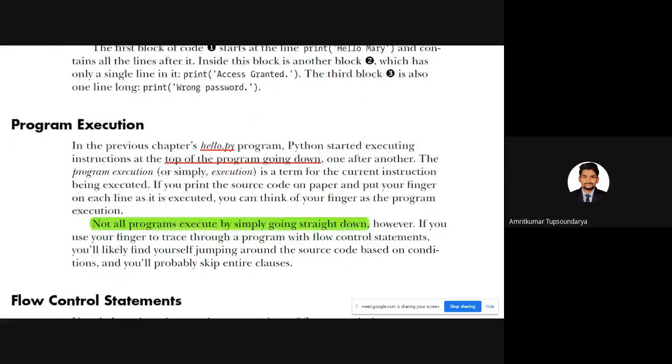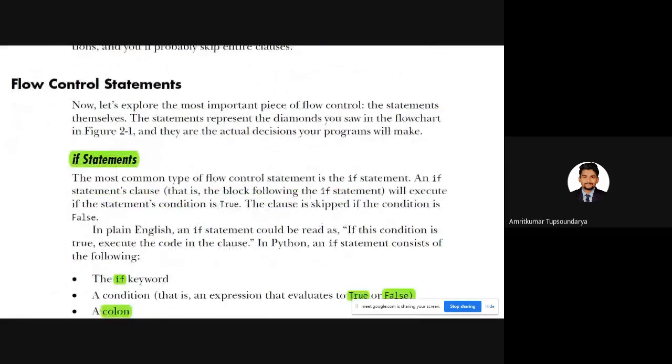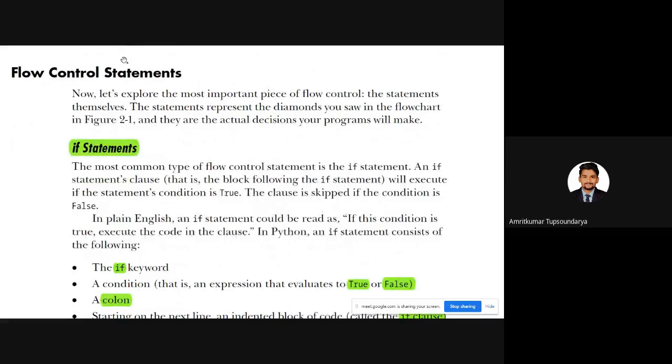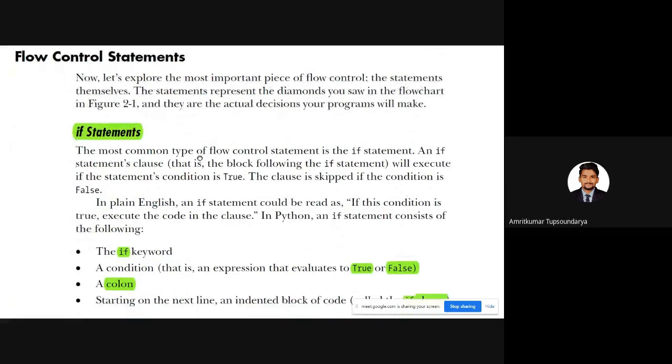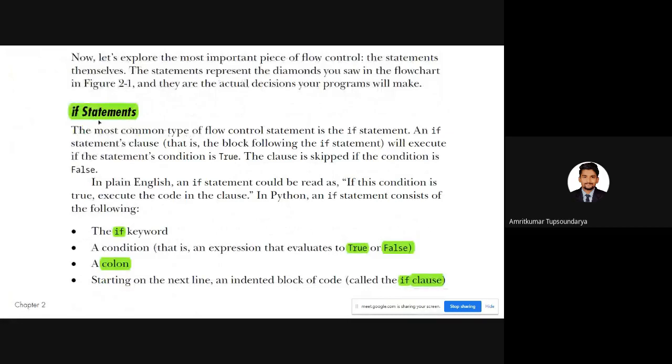That brings us to the flow control statements that we have. The simple flow control statements that you are already aware of are the if statement and the else statement, right?